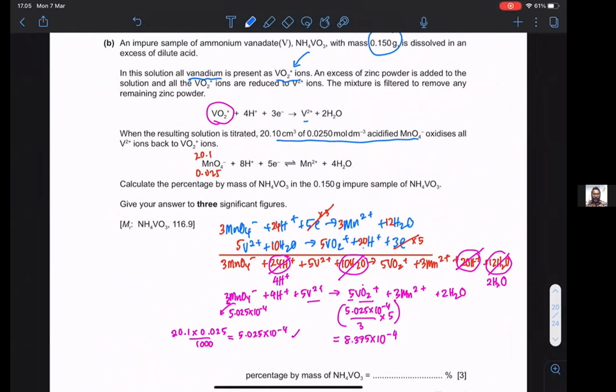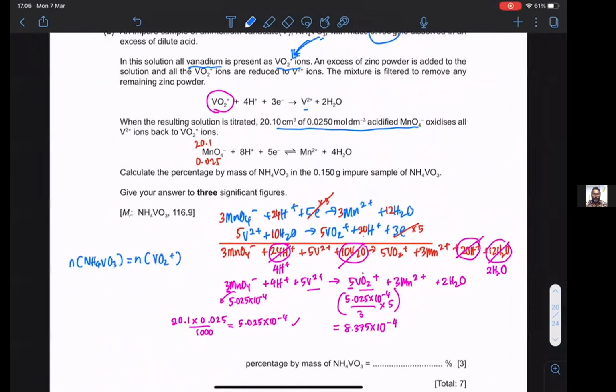It means everything that you have over here is going to be over there, which is as simple as: number of moles of NH4VO3 is the same as the number of moles of VO2 plus ion. This is very important. Everything is going to be present in that part.